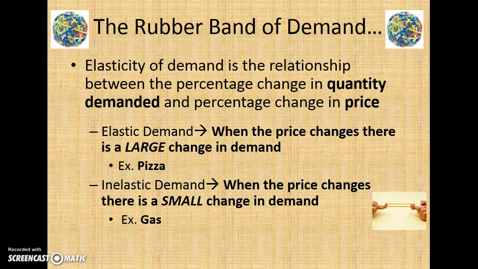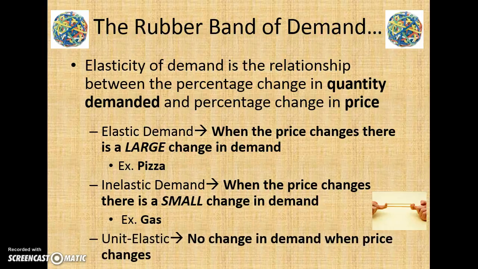An example would be gas, something people have to buy regardless of how much it costs, because they need it to get to work or to school or to wherever they're going to go. So regardless of how much it is, they're probably going to buy it. They're not just going to stop buying gas because they can't really go without it. Unit elastic is when the percentage change in demand equals the percentage change in price.